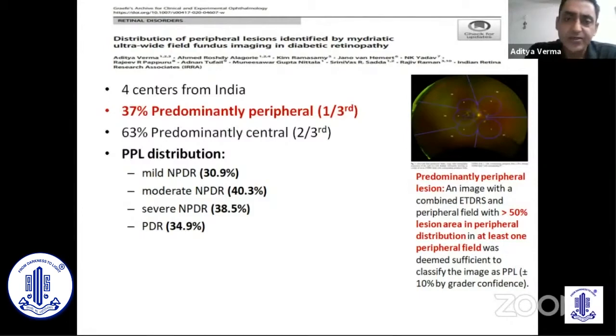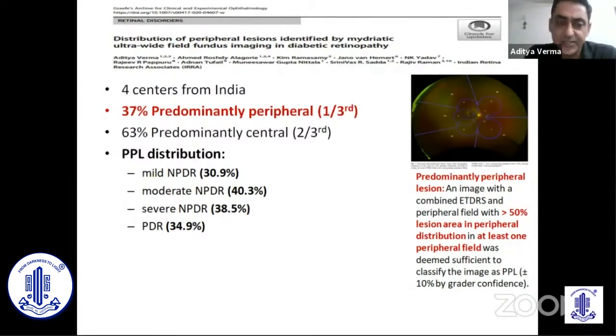After the stereographic projection and the overlay of the ETDRS grid, we analyzed the lesions which are in the central fields versus their corresponding peripheral fields. There were 5 in number, because the central 2 fields will be incorporated into the whole boundary. And what we found is that about 1/3 of the eyes had predominantly peripheral lesions versus 2/3 which had central lesions. So these 1/3 eyes could have been missed if ultra wide field imaging is not done.